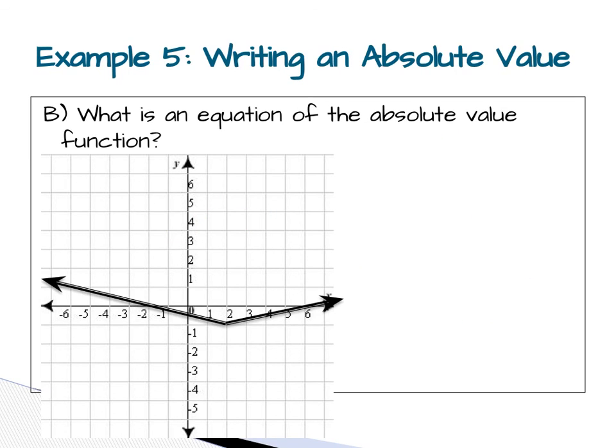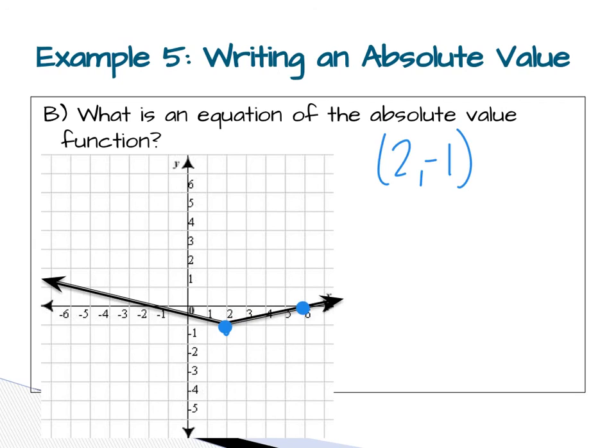Okay, so we're doing the same thing again. The vertex point is the first point we find, and that's going to be 2, negative 1. And if we find the slope of the right leg, it looks to me like we have a point here and then another point here. So that's going to be 4 over 1. If you do slope, rise over run, you go up 1 over 4.